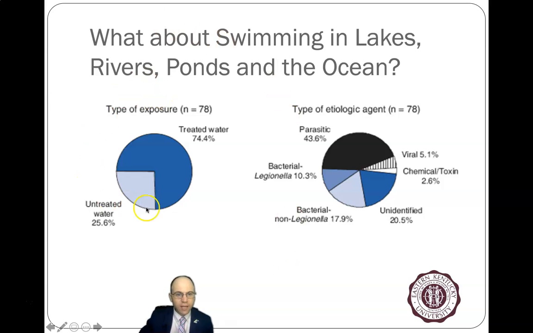So most of the sicknesses that exist in the United States from swimming actually come from pools. Most of the outbreaks come from pools. And that's because probably that's where the majority of exposure happens, and pools are not as diluted. Now, with regards to the pools, the number one culprit is often the parasitic organism Cryptosporidium.